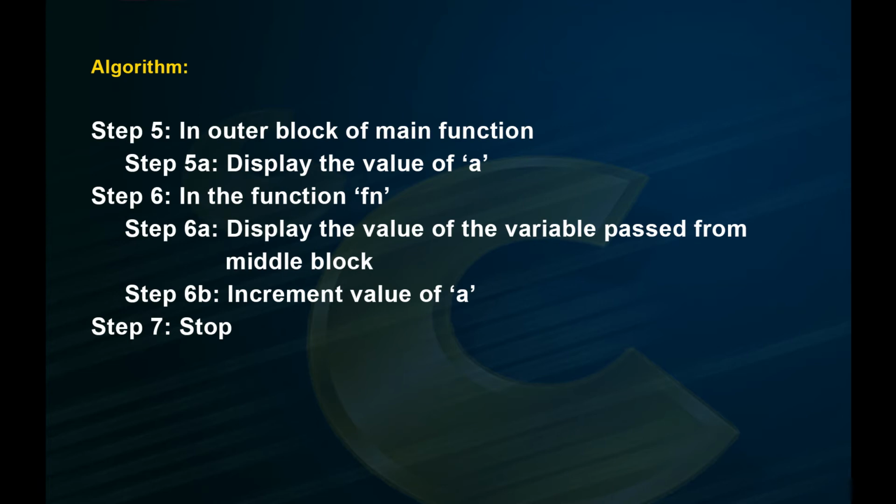Step 5a, display the value of a. Step 6, in the function fn. Step 6a, display the value of the variable passed from the middle block, and step 6b, increment value of a. Step 7, stop. Let us implement the C program and examine the output of the program.